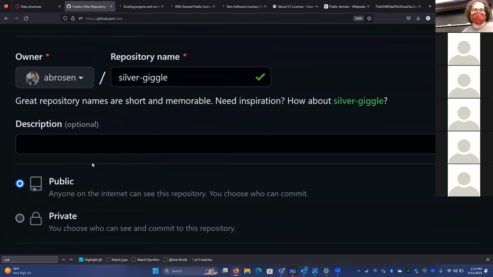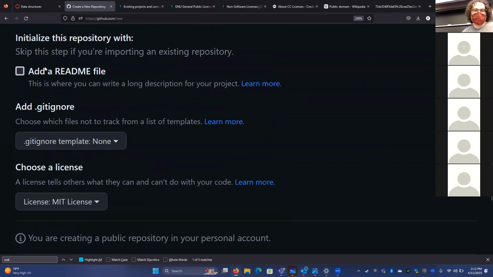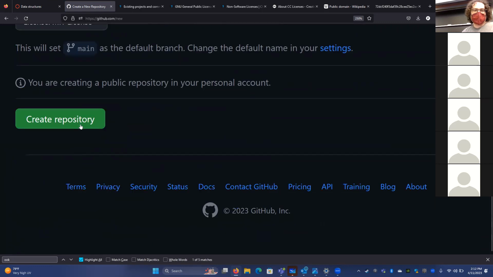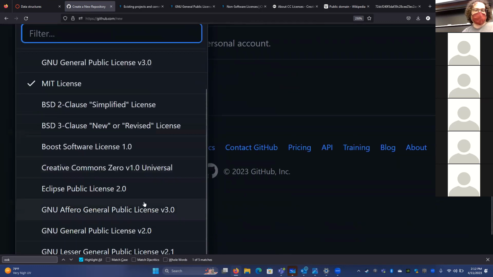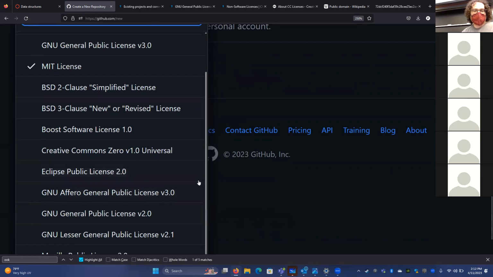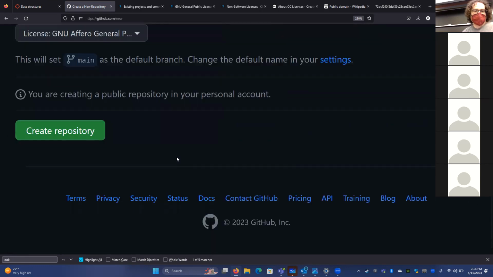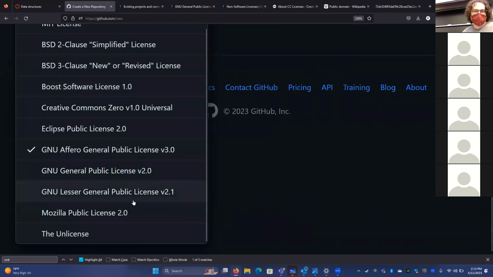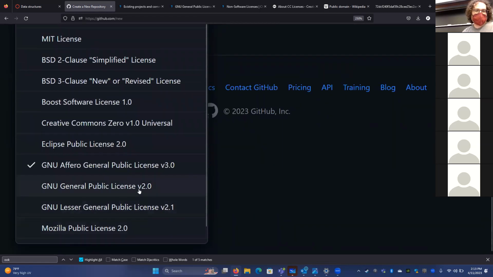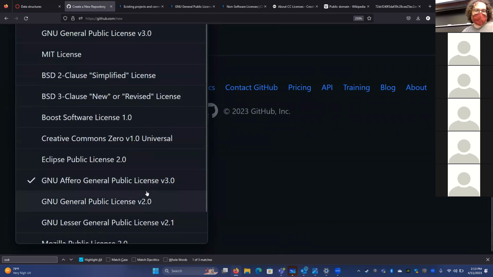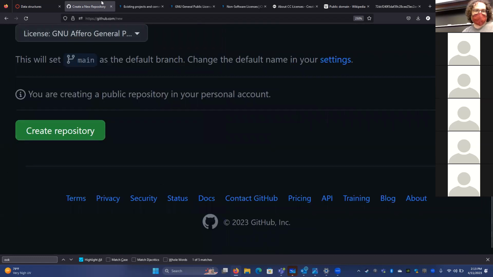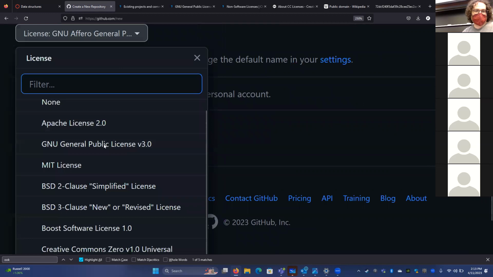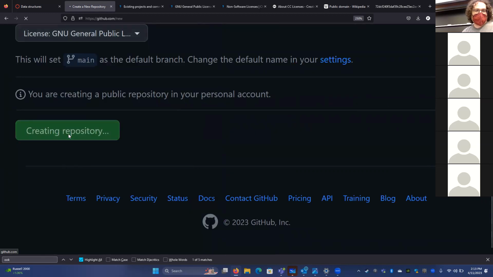Okay, let's go with Silver Giggle just to show this. Add a README file. And here, I'm going to go ahead and grab a GNU public license. Let's see, is that GNU Afero? I don't know what that is. Yeah, whatever. I'll just use this. Oh, General Public License. There we go. And create repository.